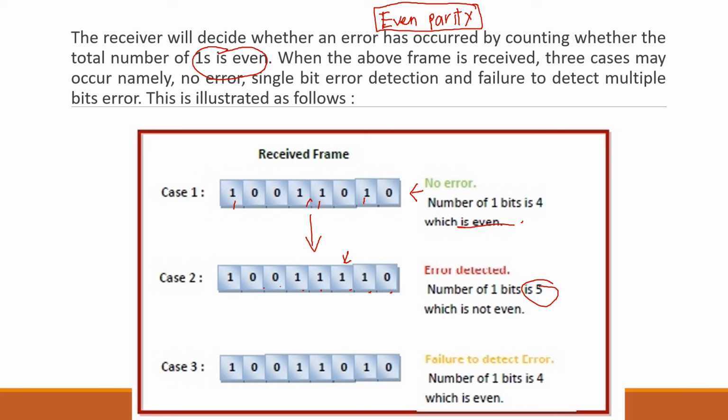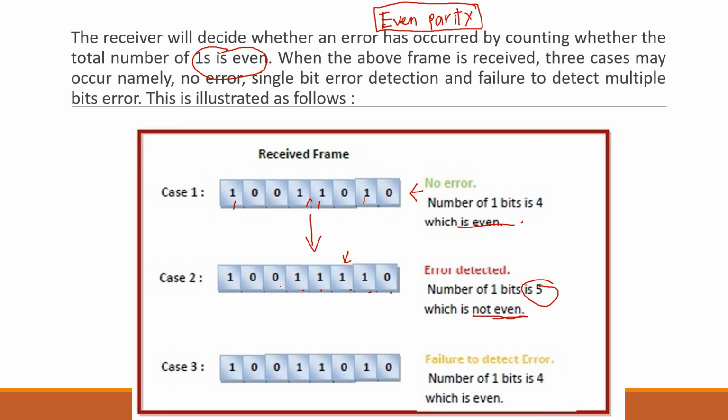Now the number of 1s has become 5, which is not even anymore. So the PEC will detect the error. The parity error check will become 1.